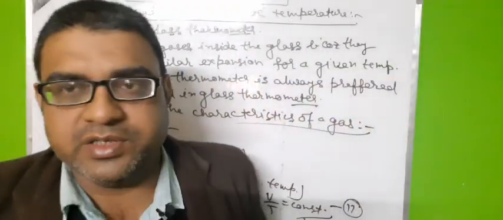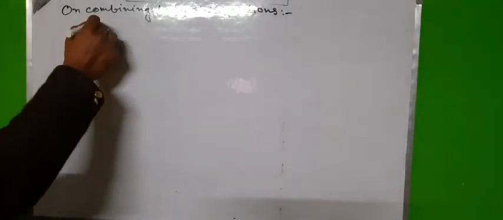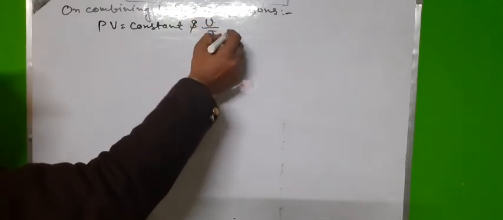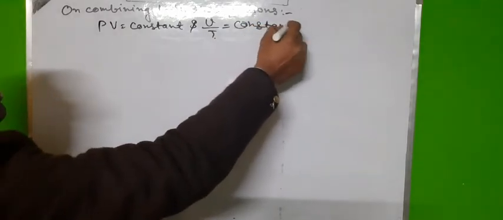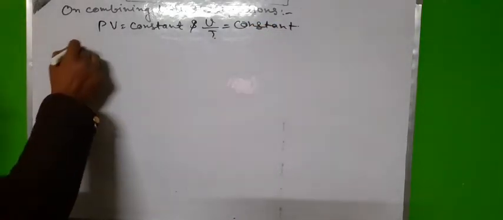On combining both the equations, so dear students, on combining both the equations, that is, what are the equations? PV is equal to constant, and V by T is equal to constant. On combining both the equations, what we will get?